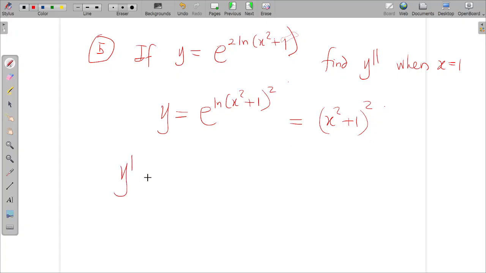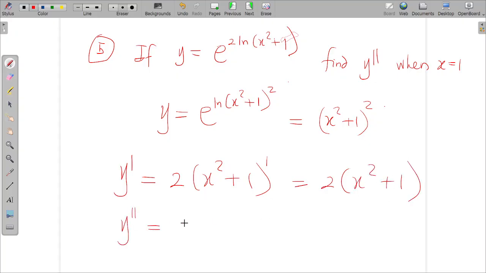So derive this. If you derive this, that will become 2(x squared plus 1) to the power 2 minus 1, which is 2(x squared plus 1). Now derive the second time. We are supposed to multiply by the derivative of inside, which is 2x.